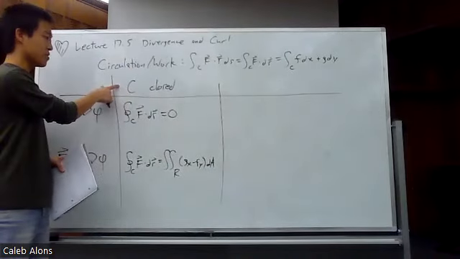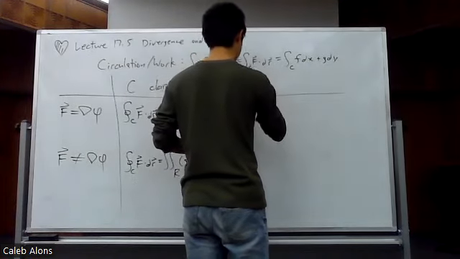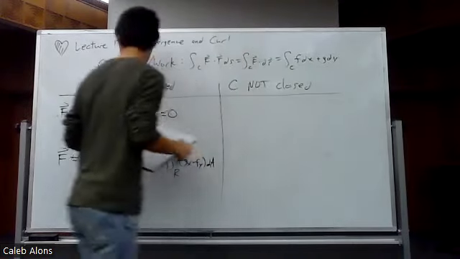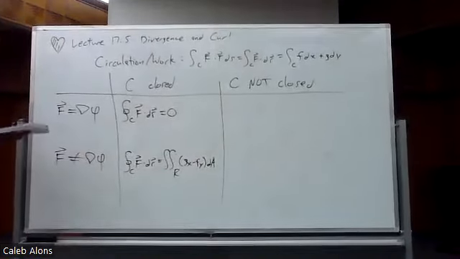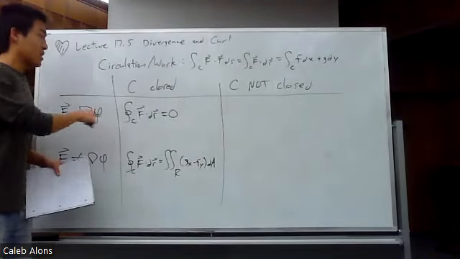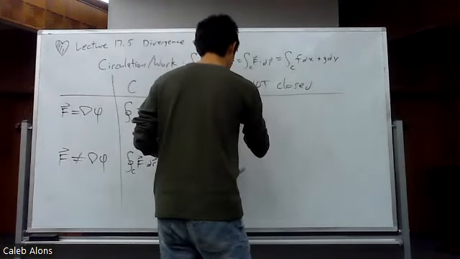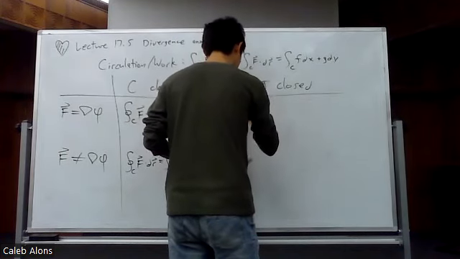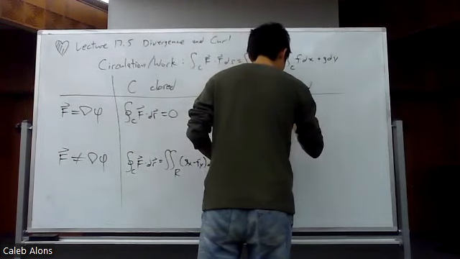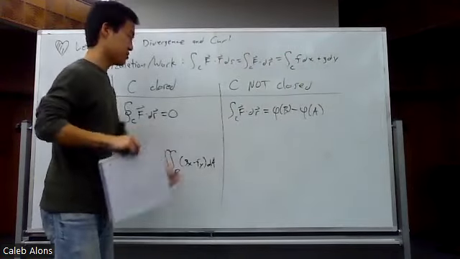And C can also be not closed. So we can have an open curve. If C is not closed, then with conservative fields we can use the fundamental theorem of line integrals: the integral of F dot dr is phi of B minus phi of A. Does this ring a bell?